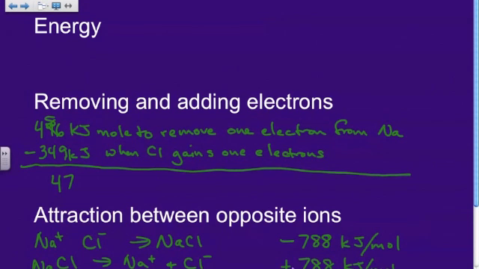So this energy that it takes to separate the ions in an ionic compound, which is usually quite a lot of energy, is called the lattice energy. So it's the energy to separate ions in a lattice configuration.